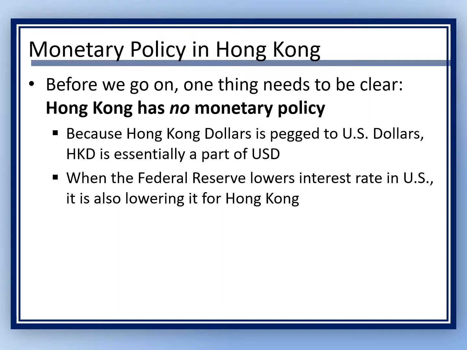And when the Federal Reserve raises interest rates, and if Hong Kong does not follow, then money flows out of Hong Kong. If you want to maintain the peg, if you want the exchange rate to be stable, then Hong Kong has to follow the interest rate of the United States. Otherwise, this flow of money would just keep continuing. So this is why Hong Kong has no monetary policy. We pretty much cannot control our interest rate unless we are willing to just let the linked exchange rate go.